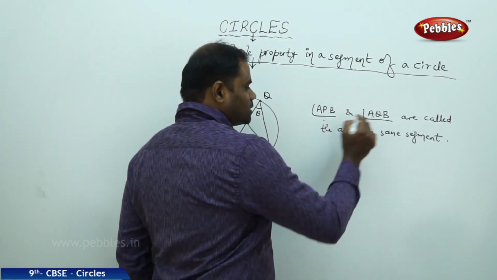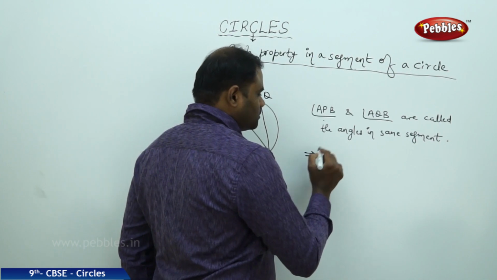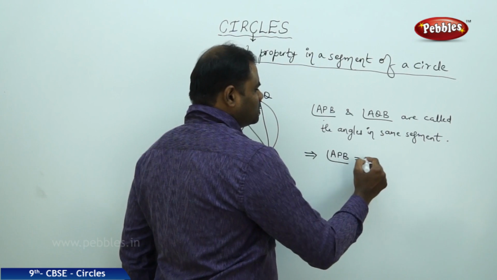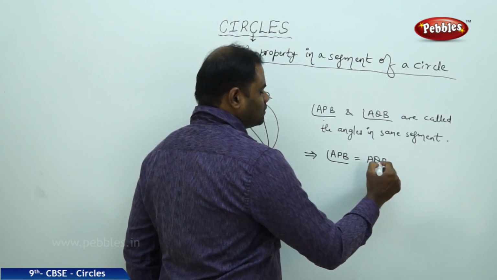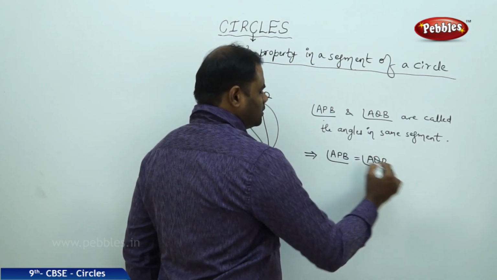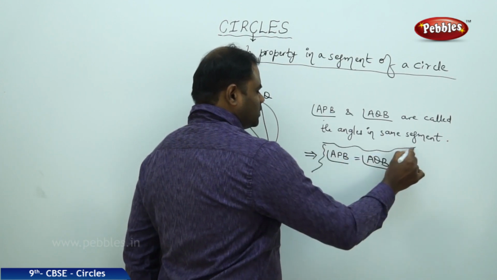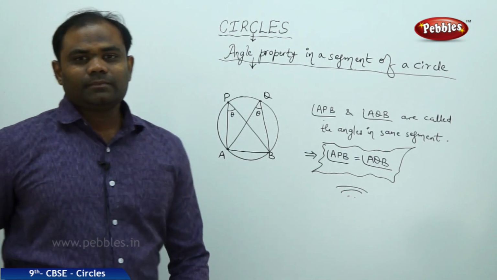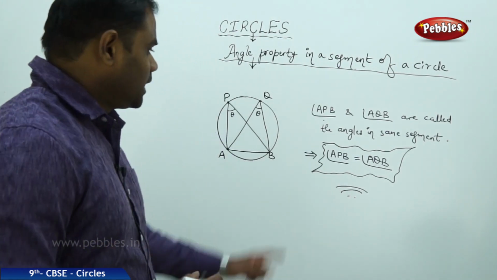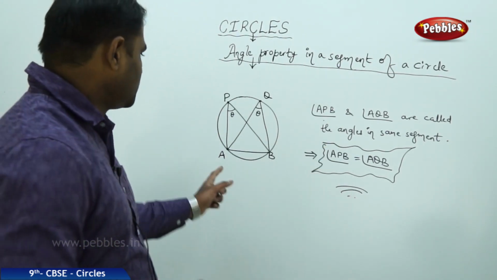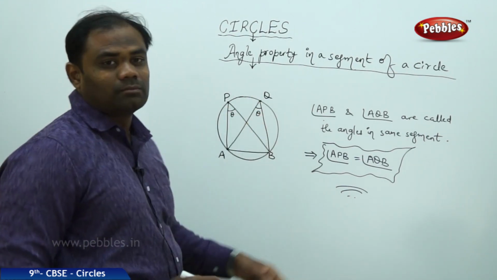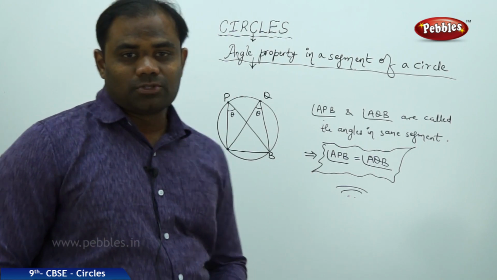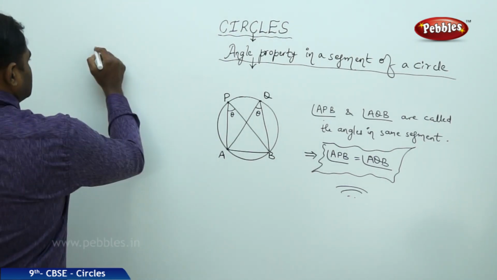So these two angles being angles in the same segment implies angle APB is equal to angle AQB, is how we understand the angles in the same segment. APB and AQB are the angles in the same segment. So property connecting this.